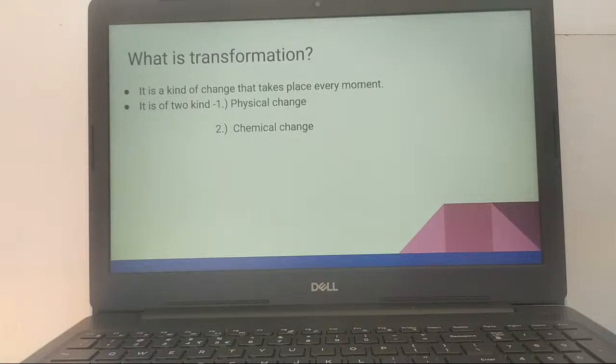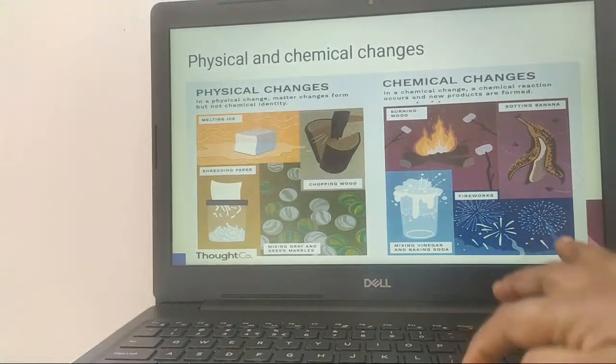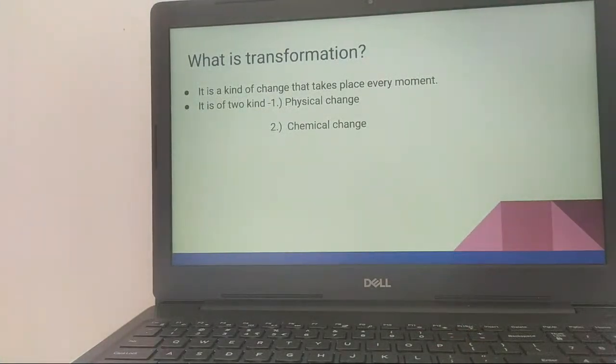And it is the cellulose that burns, and while burning, cellulose takes up oxygen from the air and forms two new substances, that is, carbon dioxide and water vapor.